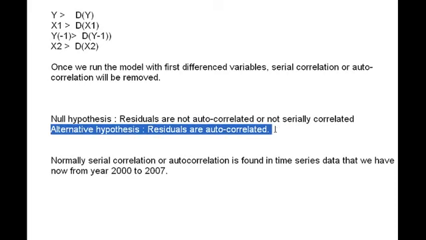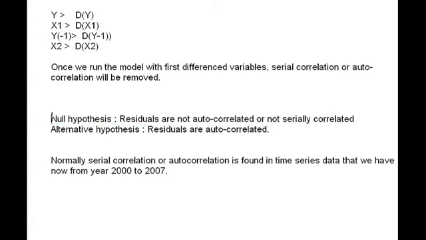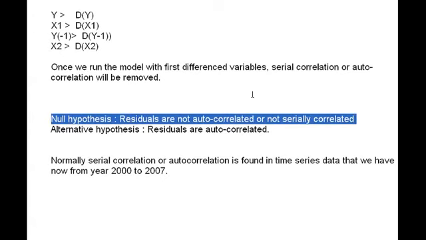Residuals are autocorrelated, so that is not desirable. If the residuals are autocorrelated, the model is not good. The model will be good when the residuals do not have any autocorrelation, meaning the null hypothesis is desirable.